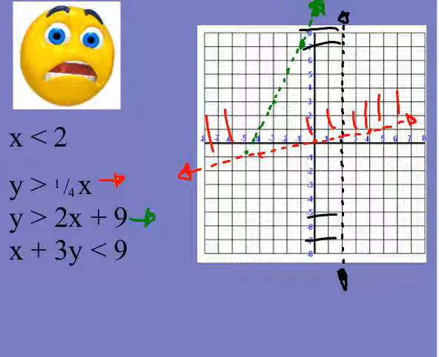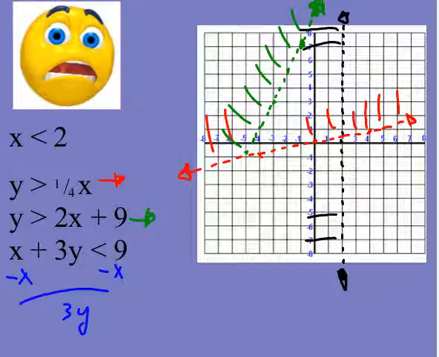Alright. Last one. What color didn't I use? Blue. I gotta go back a step. Green is above it. Oh, so that's out here. So I'm getting way up there. Blue. I gotta cheat a little bit. Minus x, 3y is less than negative x plus 9. Divide by 3, divide by 3, divide by 3.